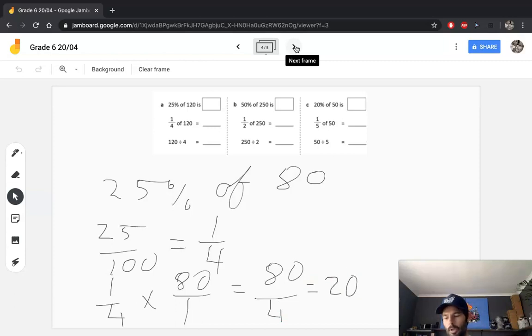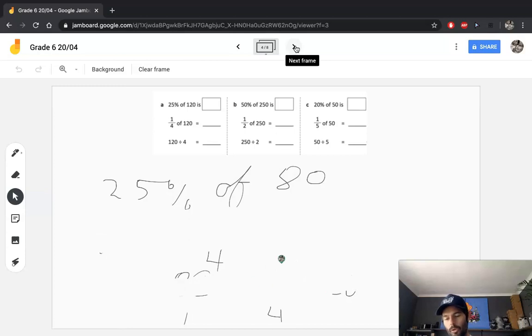Okay, so that was option number 1. And then the other option I spoke about earlier was to first work out what's 10%, and we know that 10% we just divide by 10, so 80 divided by 10 is equal to 8. I can work out 20% because I just have to double it.